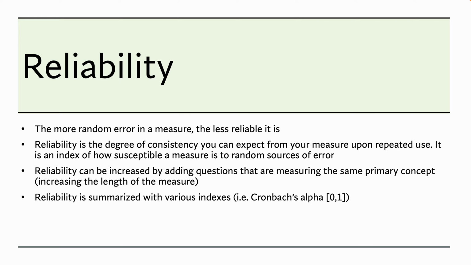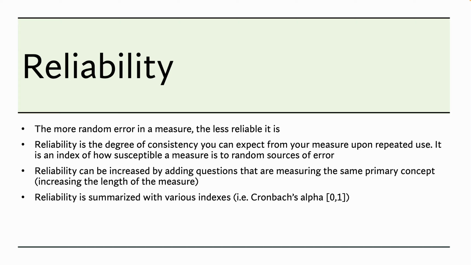The reason we talk about error is because it leads directly into this concept of reliability. Reliability in measurement is really just, again, connected to this concept of random error. The more random error you have in a measure, the less reliable it is. Reliability is this idea of how consistent your results will be from use to use.